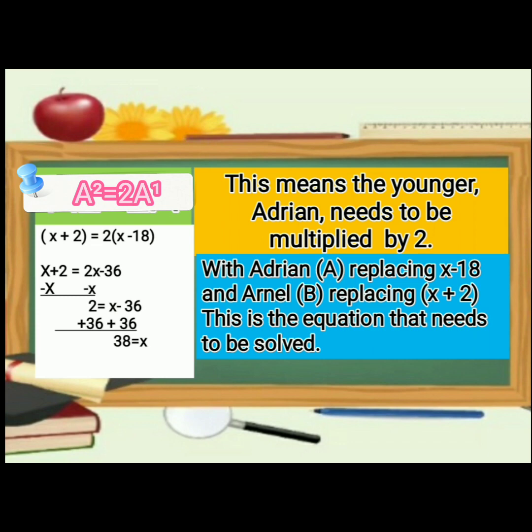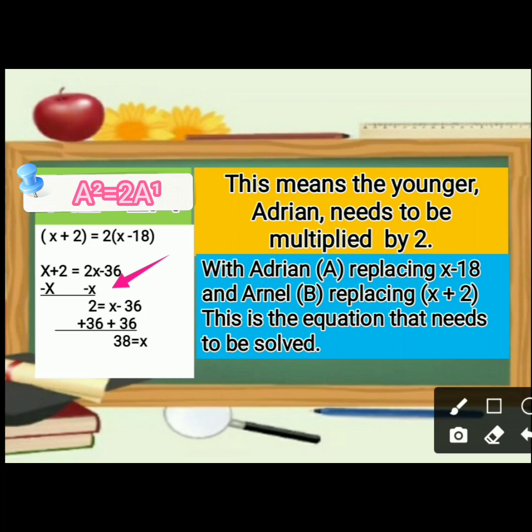Then, distribute through parentheses. Then X plus 2 equals 2X minus 36. Then subtract X from both sides to get the variable on one side. So we have 2 equals X minus 36.